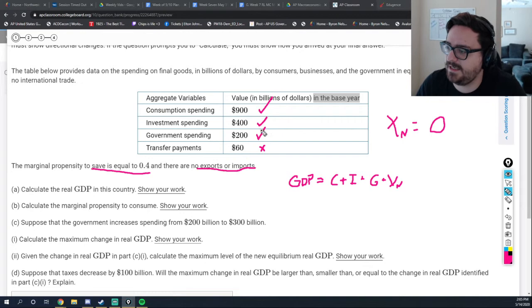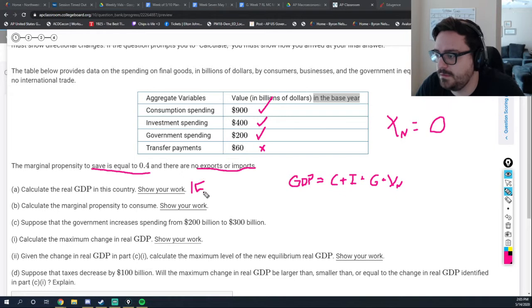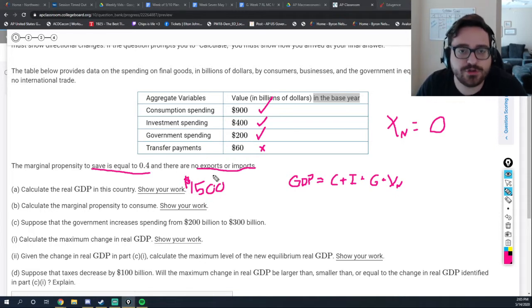We've got C, I, G, and XN. So I'm just going to do 900 plus 400 plus 200 plus 0. So this is 900 plus 600, which is just $1,500.